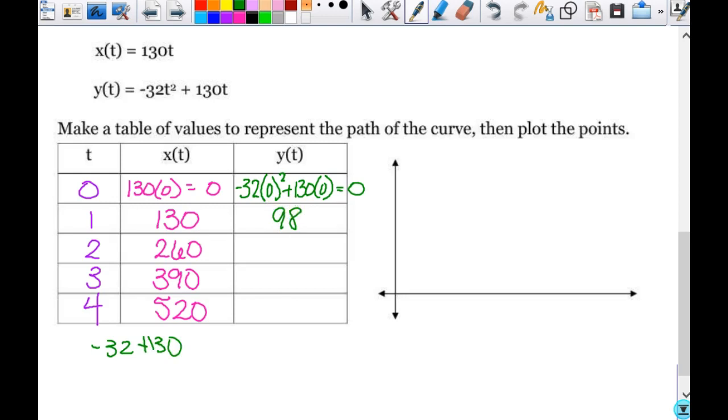Then negative 32 times 2 squared, which is 4, plus 130 times 2. What's negative 32 times 4?